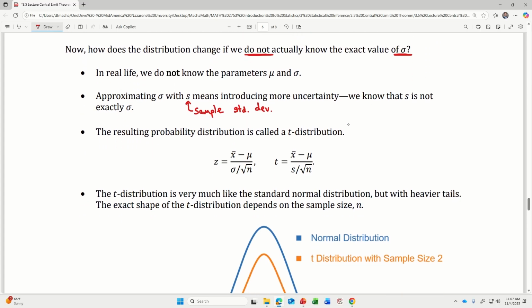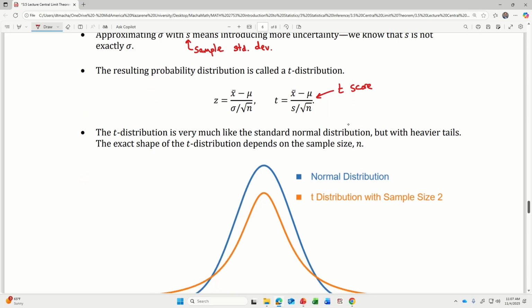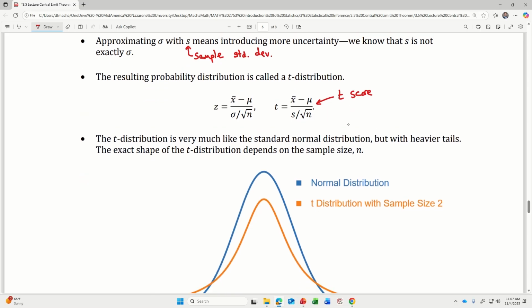And the resulting distribution is called a t-distribution. And so you might call these t-scores instead of z-scores, because we are approximating with the sample standard deviation.